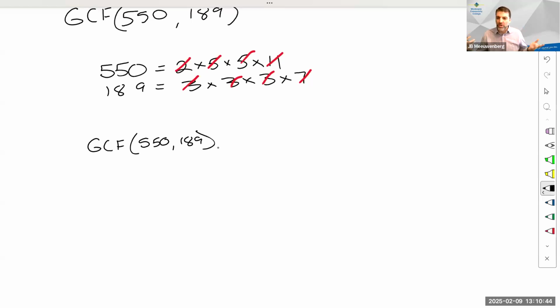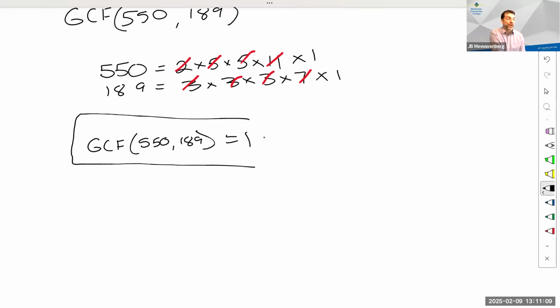If you don't see anything common, what do they still have in common? They still have in common the number 1. Because 550, we could also say, is times 1. We know 1 isn't a prime number, so it's technically not part of the prime factorization, but it's still a factor of 550, and it's still a factor of 189. So that can be the greatest common factor if they have no other numbers in common.